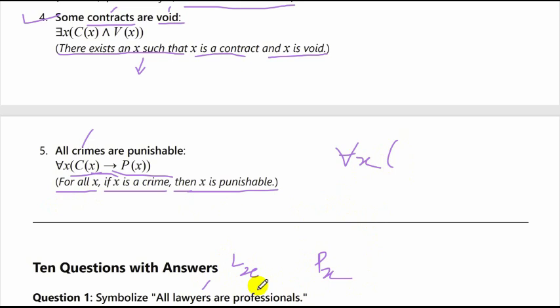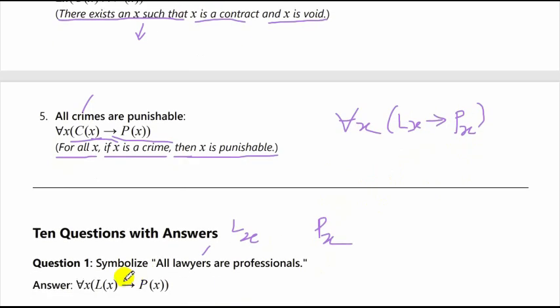At the end we have to write Lx stands for x is a lawyer, Px for x is a professional. So we write Lx, pointing arrow, and then Px. This is how we symbolize.